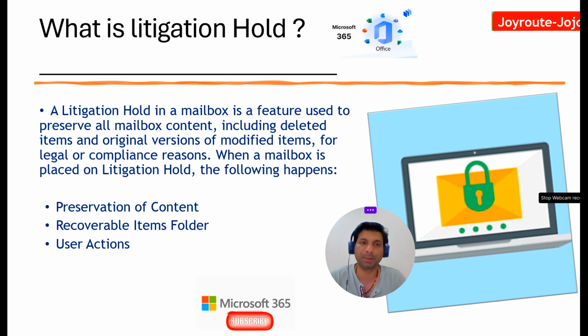So this is the purpose of litigation hold. It's a feature used to preserve all mailbox content, including deleted items and original versions of modified items, for legal or compliance reasons. I hope I am clear now what litigation hold is.